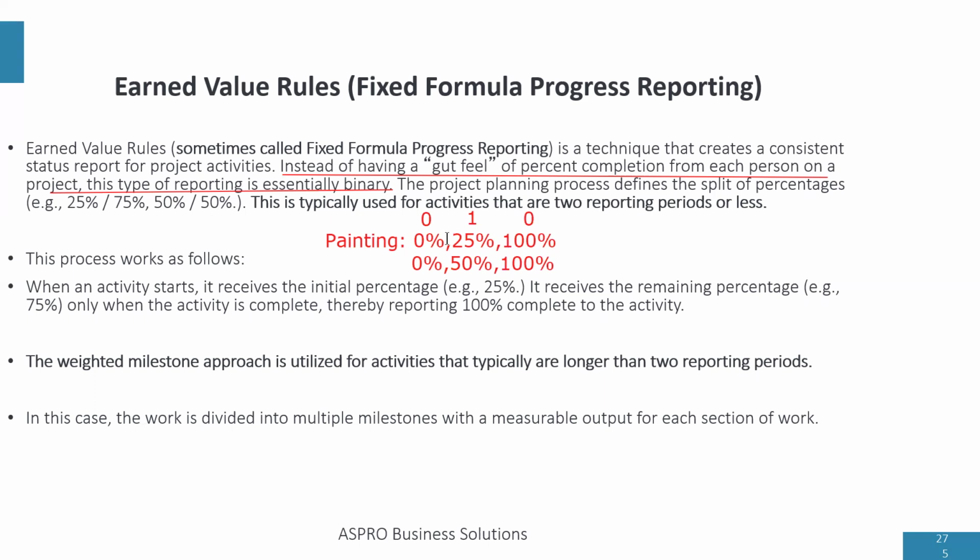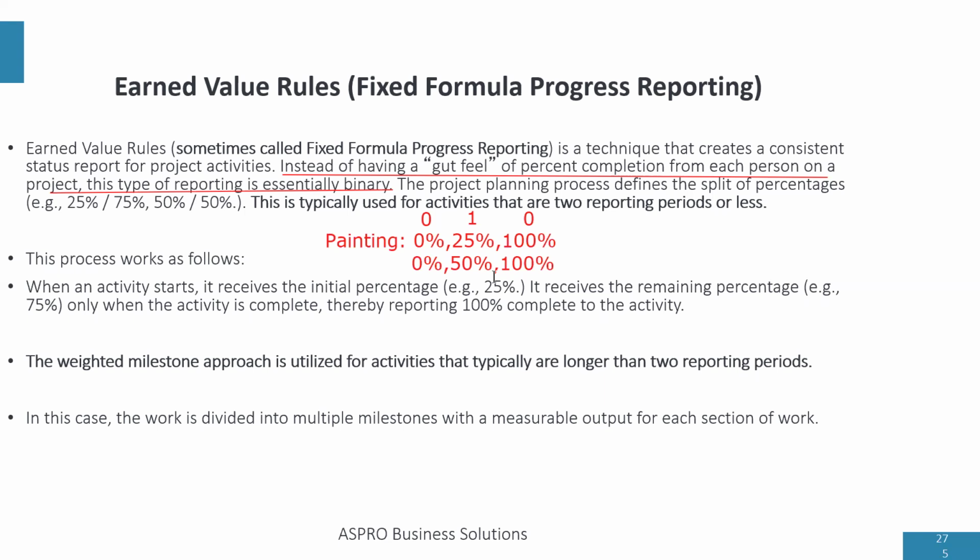So that means we only report when the task has started, and we only report when the task has finished, thereby getting 25%, 100%, or 50%, 100%. Now, that means that if you're reporting project activities using end value rules, fixed formula progress reporting, you're not really going to pay attention to the percentages. You know why? Imagine a task is just starting and we're immediately giving it 50%.